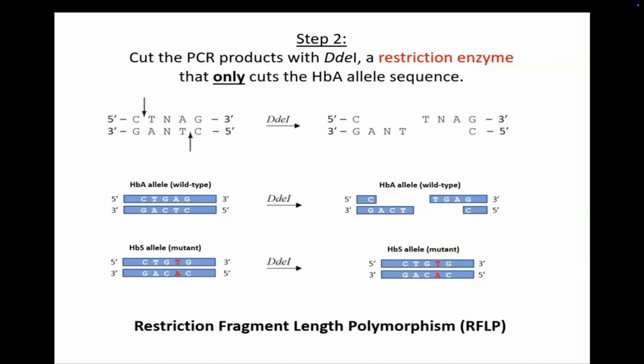This type of scenario is usually referred to as a restriction fragment length polymorphism, or RFLP. And that refers to the situation where, depending on the allele, you get different size fragments of DNA after you digest with a certain enzyme.